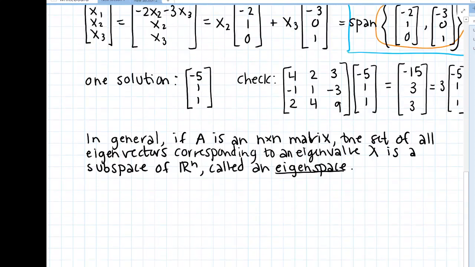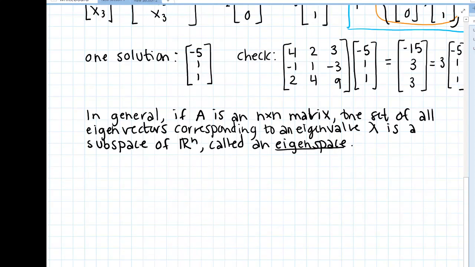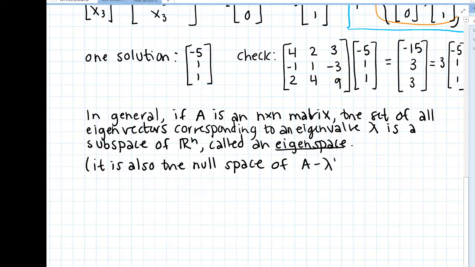So I'm going to write that down below here. It's not just the eigenspace of A. We could also think of it as the null space of the matrix that you get by doing A minus lambda I.